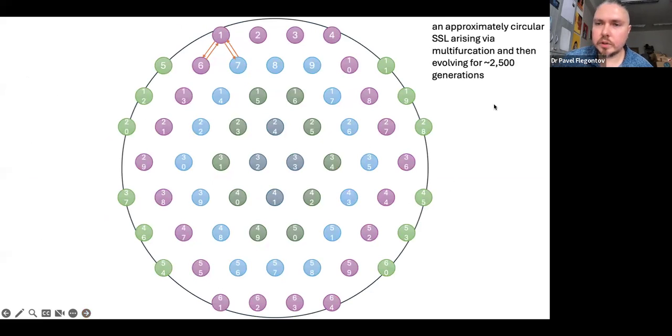Now let's move on to more complex landscapes. Here we simulated an approximately circular landscape composed of 64 demes, originally arising via multiplication, but then evolving for approximately 2,500 generations in this stepping stone model, but with varying gene flow intensity in space and time.